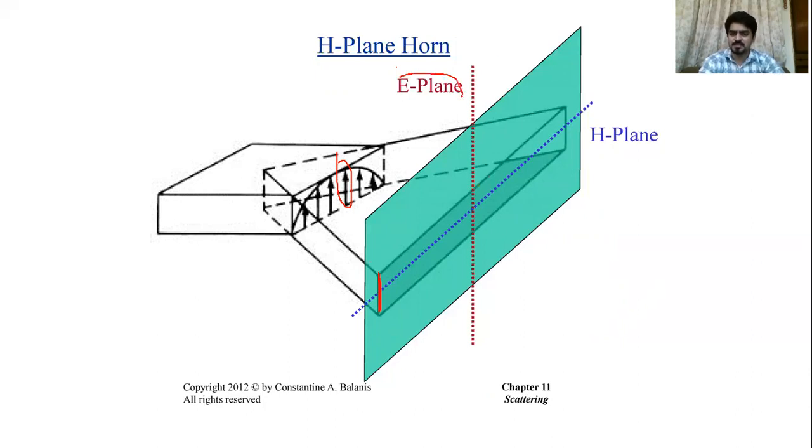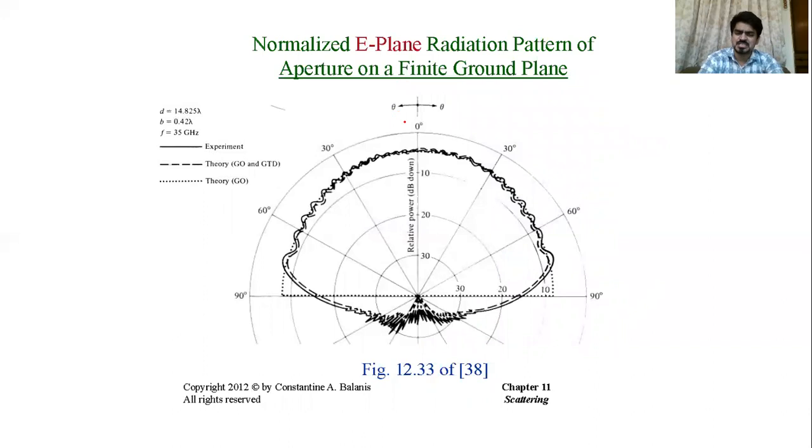However, in the E plane, the vertical plane, since the E field is perpendicular to the edge, you will have stronger diffracted fields. And you can see that in the E plane, this is the pattern. And you can see that there is some backside radiation from this kind of geometry.